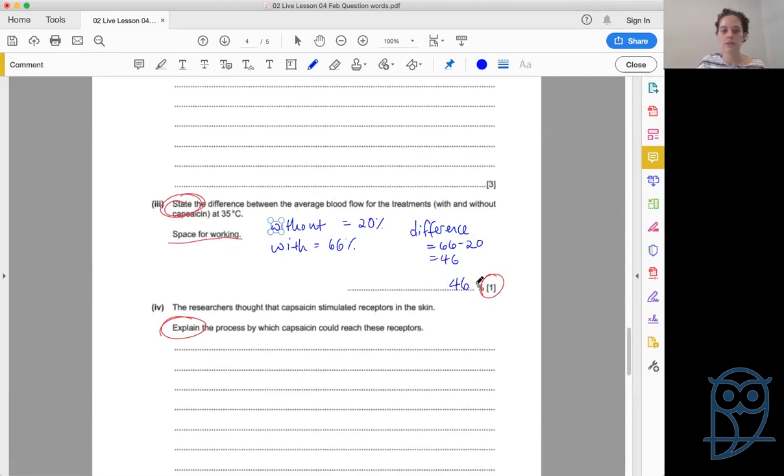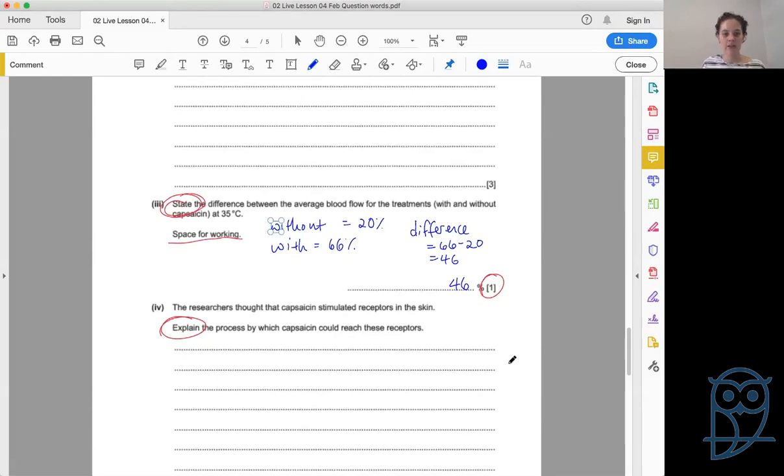So 46% is our difference. Now the thing is here that we didn't have to do the working. Other questions, you do need to show your working. So it's better to be in the habit when they give you space for working, build that habit of putting working in. Okay, then you're covered, you know you're safe.